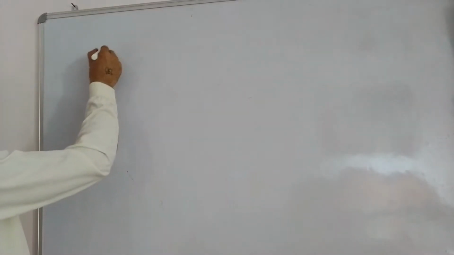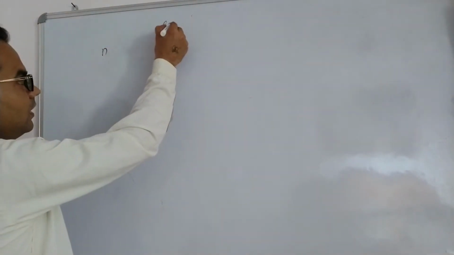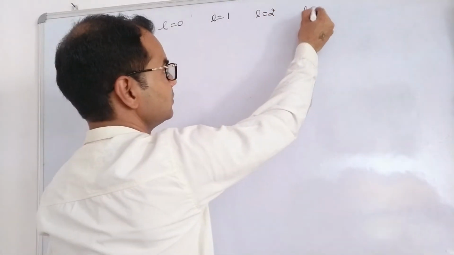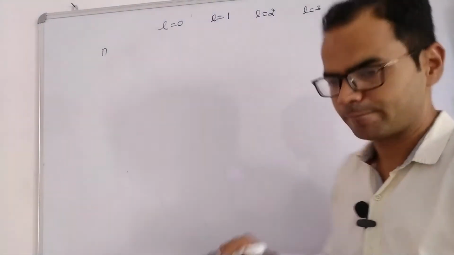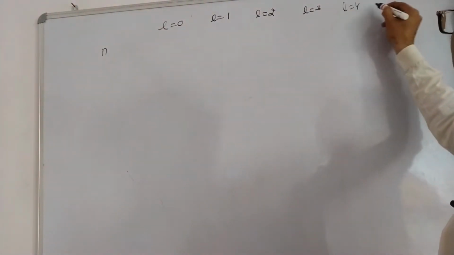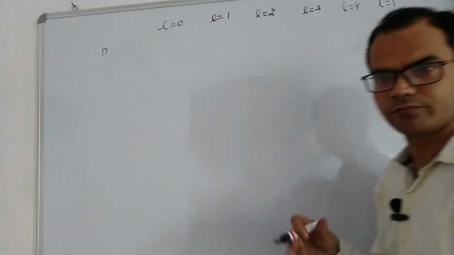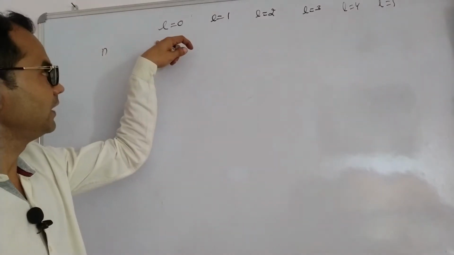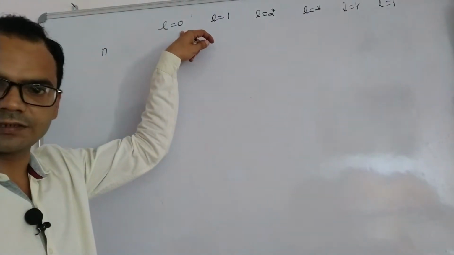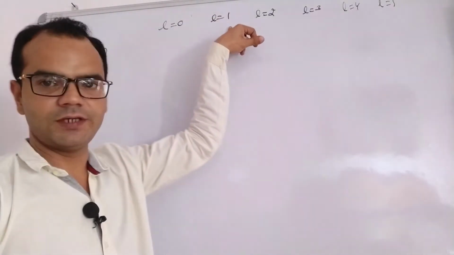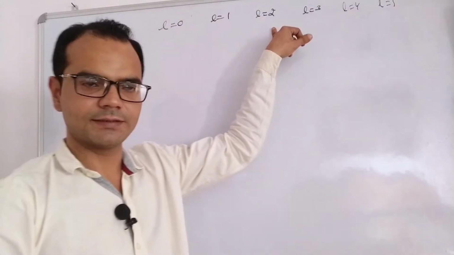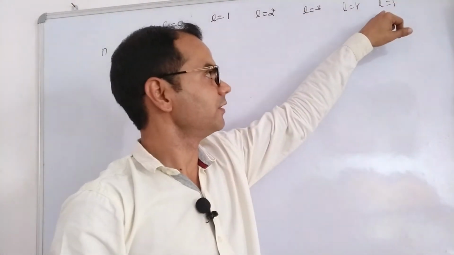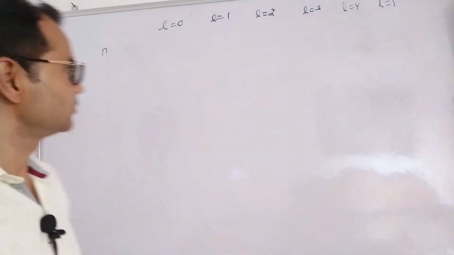Here we have N and here we have L: L0, L1, L2, L3, and so on. For value 0 we have the S subshell, for 1 we have the P subshell, for 2 we have the D subshell, for 3 we have the F subshell, for 4 we have G, and for 5 we have H.